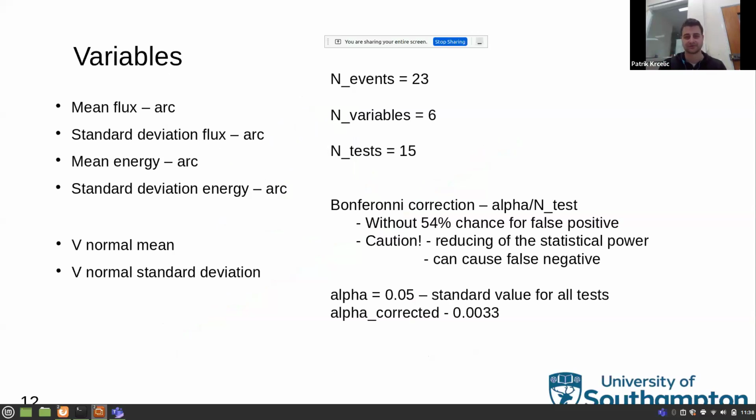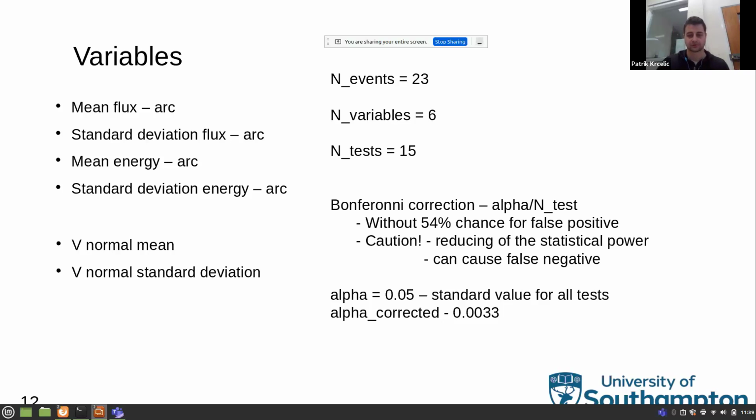We have 23 events, and because we have 6 variables, we have 15 tests in total. So we are testing all the pairs, and we're also using something called Bonferroni correction. I'm not going to get into too much detail, but when you're doing multiple tests, you need to do this correction to make sure you're not going to get false positives.